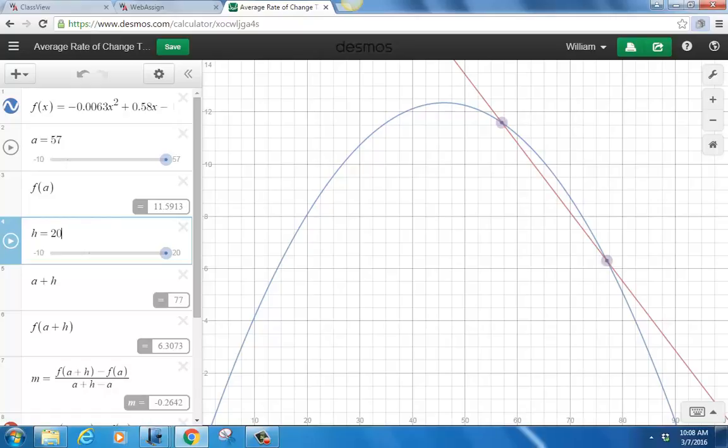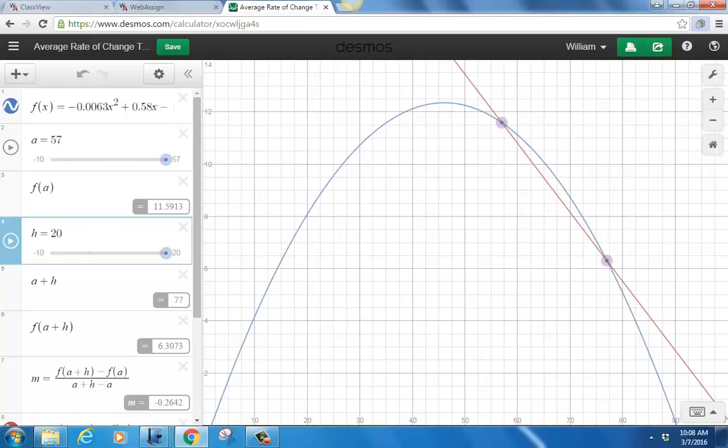Okay, so A is 57, and F of A is 11.5913. That's not going to change because we're keeping the same A value each time. F of A just means what I get when I plug 57 into my formula. So that is the amount of money that a typical guy spends on underwear at age 57, $11.59. Not a lot.